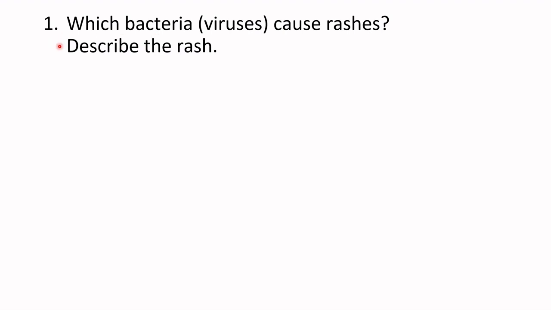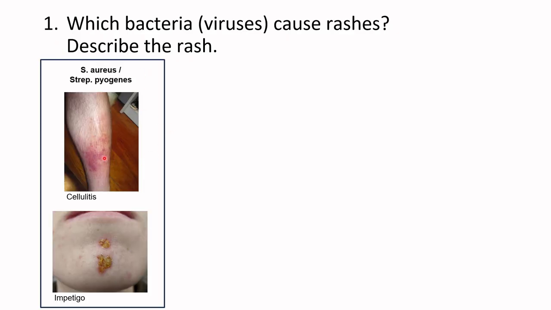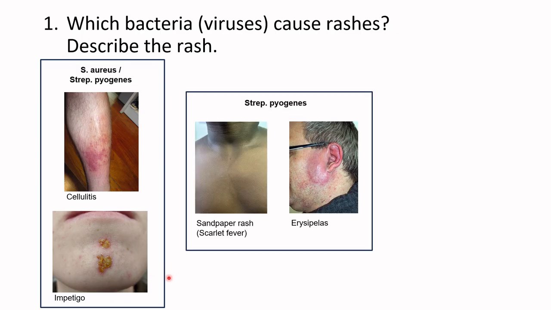So let's get started with rashes typically associated with Staph aureus and Strep pyogenes. So we see cellulitis here, and we see impetigo here, impetigo contagiosa in this case. Strep pyogenes is a very important one in terms of rashes.